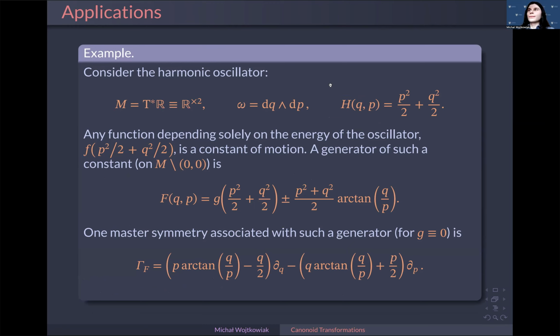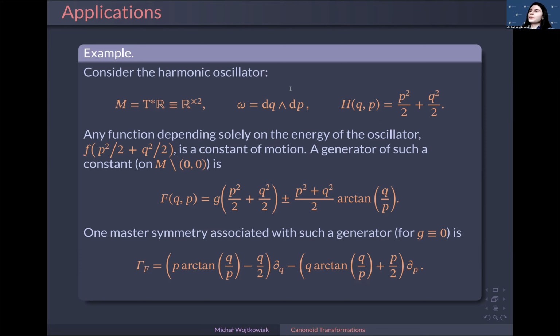So if we consider the simplest case of a harmonic oscillator on a one-dimensional real line, and consider the symplectic manifold, which is the cotangent manifold of that real axis, and with the Darboux coordinates, so omega has this form, then of course any function which depends only on the energy of that oscillator will be a constant of motion.